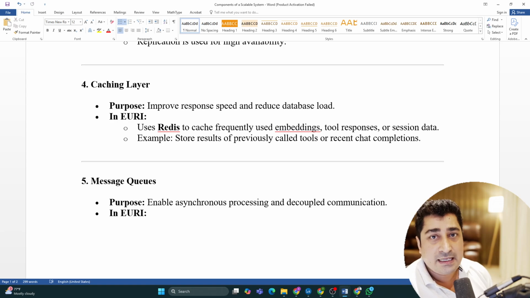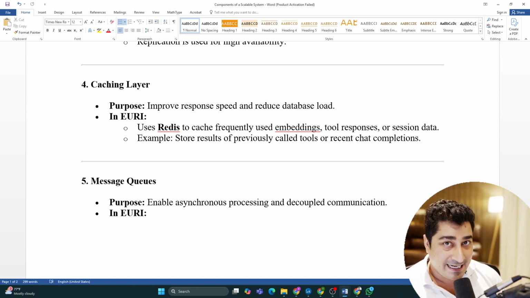This is where caching comes into the picture. So we are using Redis for frequently used data or frequently used conversations inside Eury. And the caching layer is one of the very important layers for any kind of system.